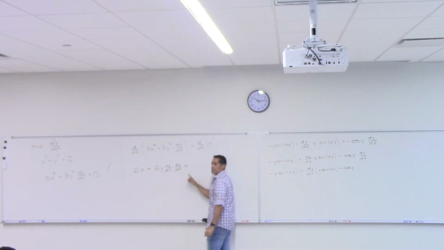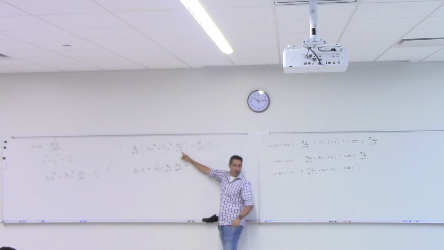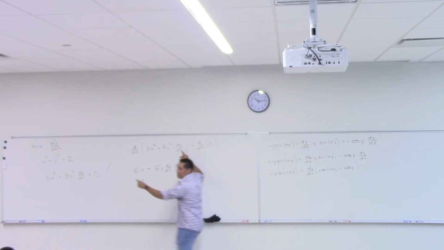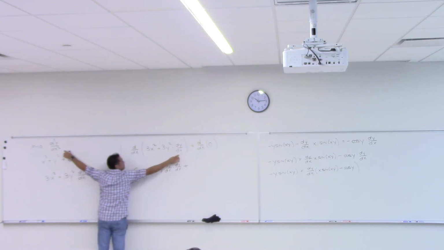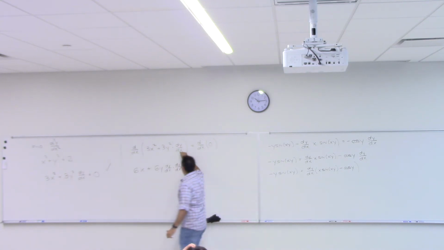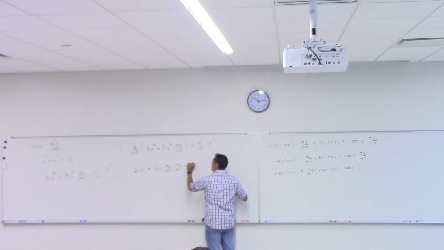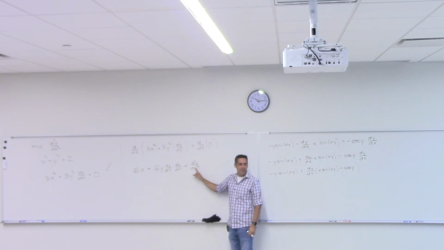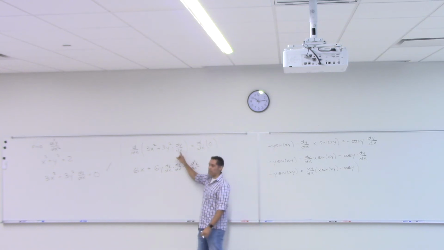Plus, now, what's the derivative of the derivative? The second derivative, that's what we're actually solving for. So when I take the derivative of that derivative, this is where I get d squared y over dx squared. That's just notation that means the second derivative. I just took the derivative of that derivative. Now what?